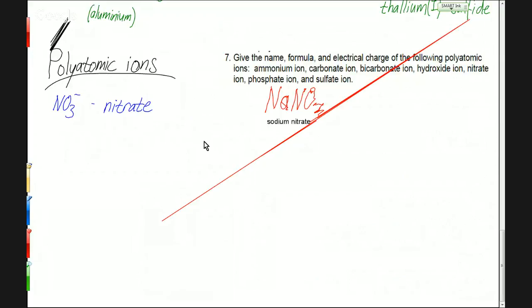We already did nitrate. Let's go to ammonium. Ammonium is NH4 plus. It's the only cation that we have to remember. Carbonate is CO3 minus 2.